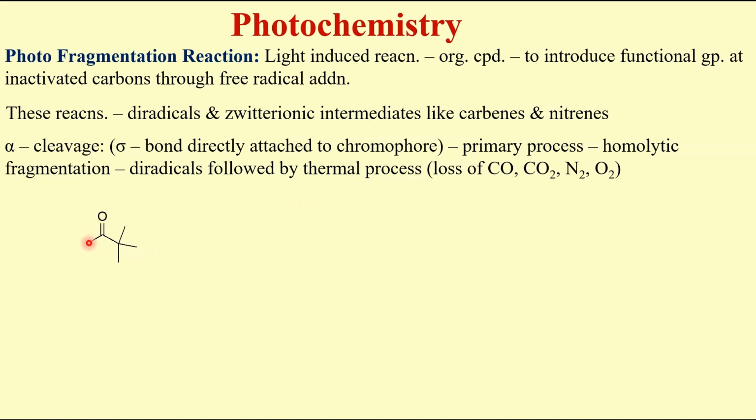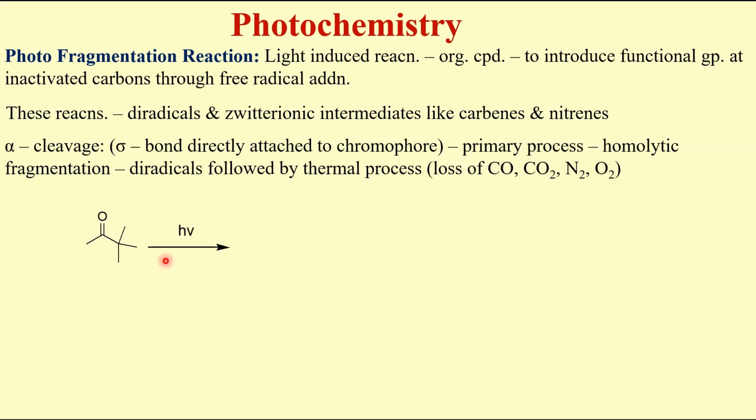Here, the carbonyl is the chromophore and there is a sigma bond attached to the chromophore directly. When a sigma bond is attached to the chromophore directly, it is eligible for alpha cleavage.